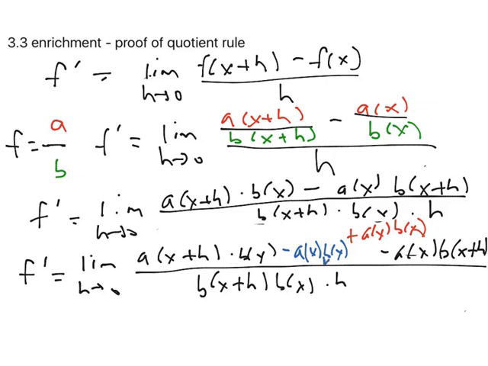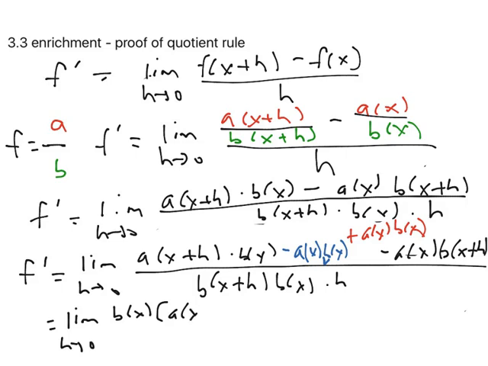Okay, so now I have the limit as h goes to 0 of four terms: a of x plus h times b of x minus a of x b of x plus a of x b of x minus a of x times b of x plus h, over b of x plus h, b of x times h. Now on top, we can factor out a b of x on the first two terms and an a of x on the second two terms. So factor out b of x.